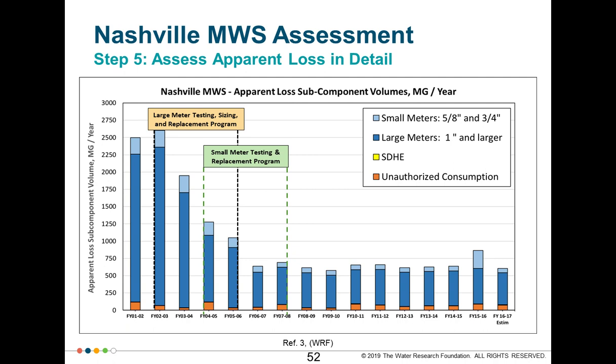One of the interesting little quirks here is that in these early years of 2000, 2001 and before, the utility did not own the commercial and industrial meters. The customer did. It's pretty rare, but the utility managed to get them back under their control, do the testing, and do a lot of work on right-sizing the meters and replacing them if necessary, and made huge, huge improvements in the apparent loss.